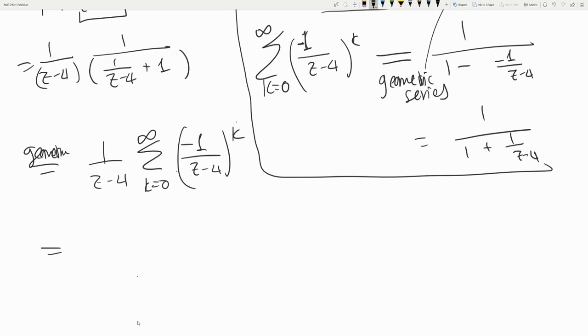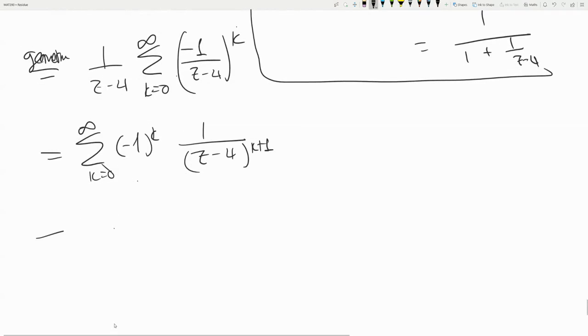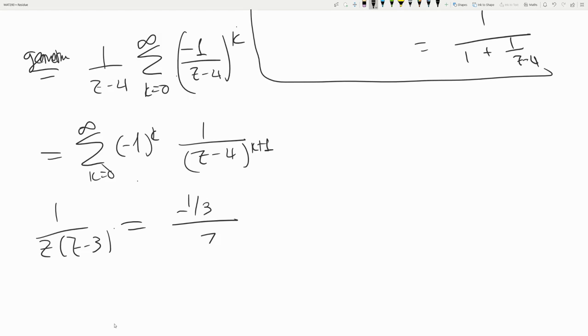The Laurent series for this guy will be (-1)^k, and then the power is k+1. So altogether, what did we do? We split it, so minus 1/3, right?